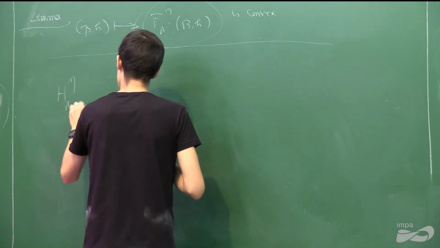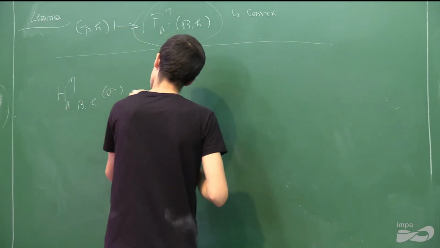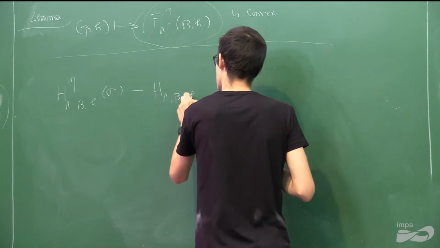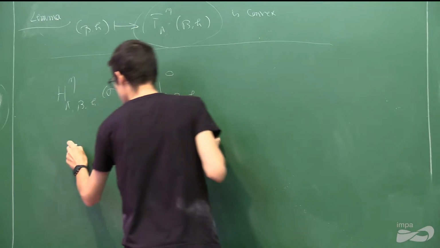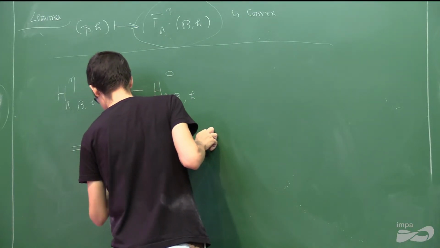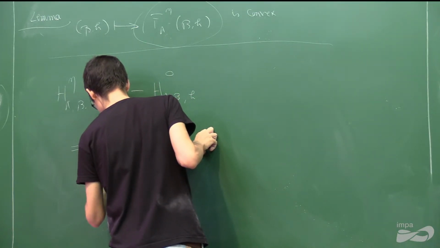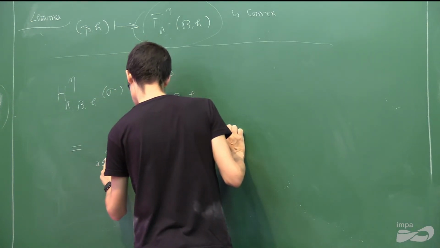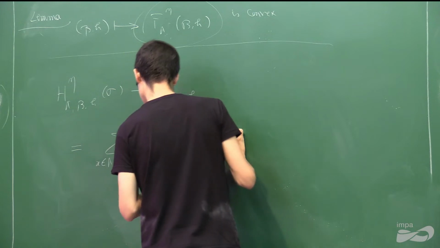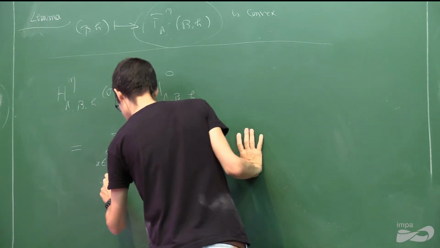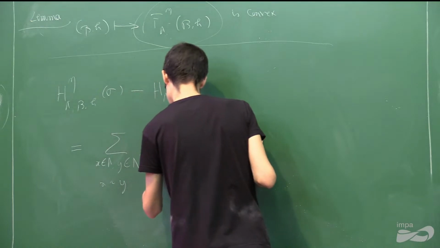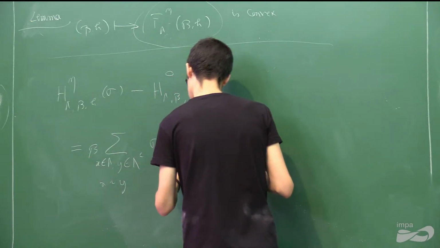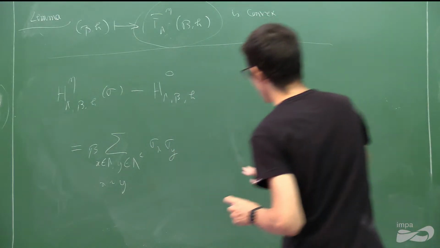Lambda beta h sigma, this thing is equal to the sum over x, y in lambda, x neighboring y, of sigma x, beta here, sigma y, eta y.